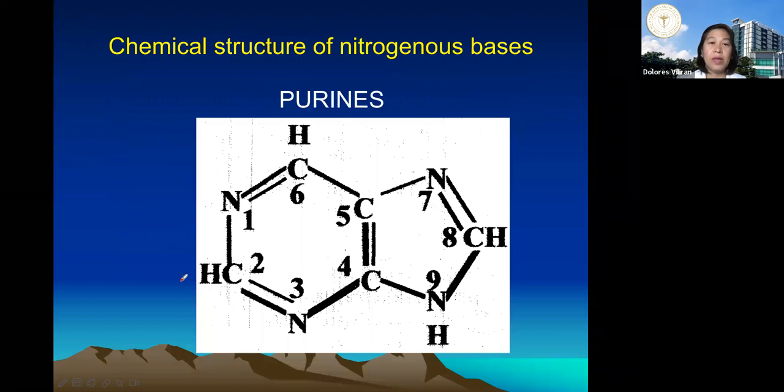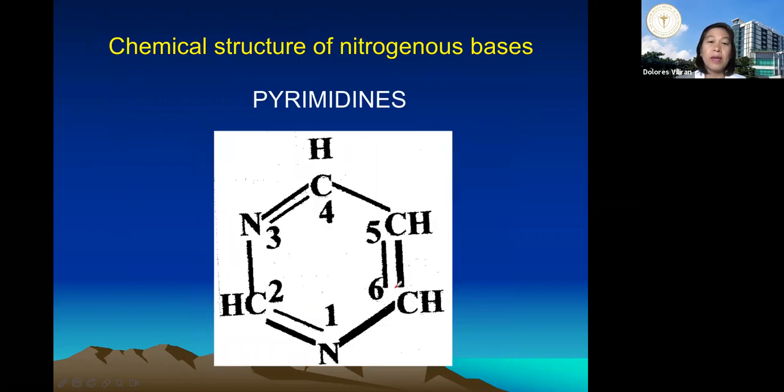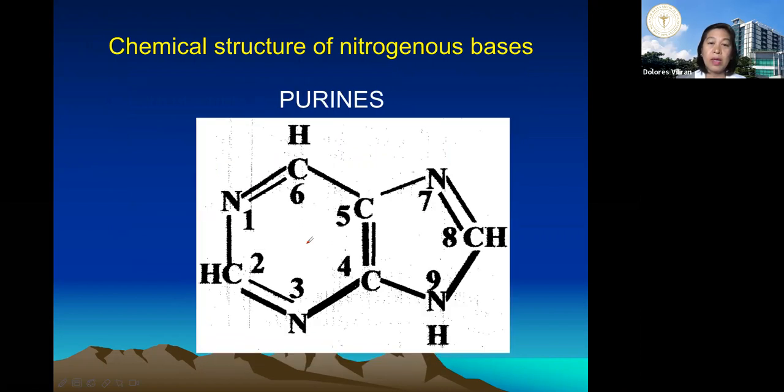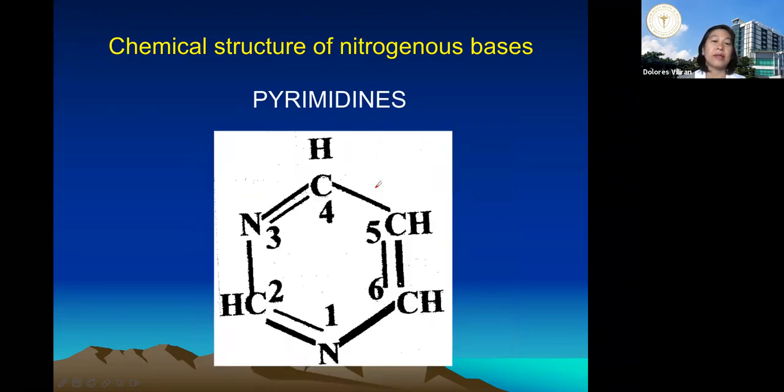So this is the chemical structure of a nitrogenous base. Purines consist of 2 rings, and these are the numbering. While a pyrimidine has only 1 ring, so purine is bigger than pyrimidine. But when you cut this part, it actually resembles a pyrimidine.